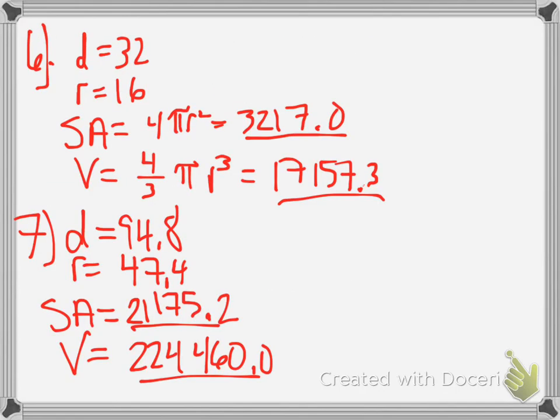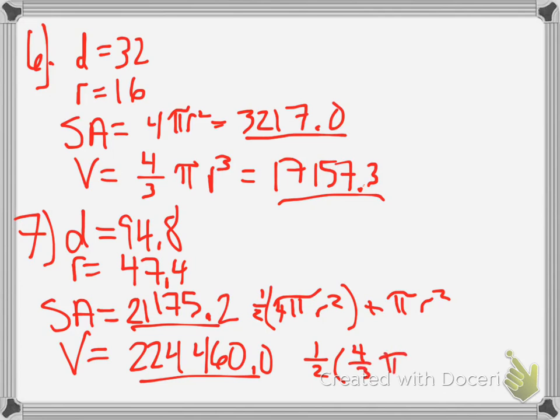So when I do that, I get 21,075.2 and 224,460 by following the formula of pi, 1/2 of 4 pi r squared plus pi r squared. And this one is half of 4/3 pi r cubed.